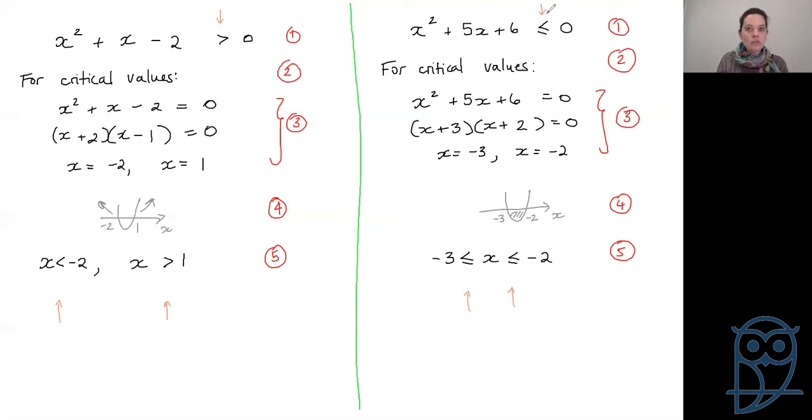So the equal 0, the critical value, is included. So therefore, it must be included in our answer. The style of inequality that we use in our answer must always match the style of inequality that is used in the question. Whether or not we include that critical value with the equals depends on whether it is included in the original question. Are we happy?